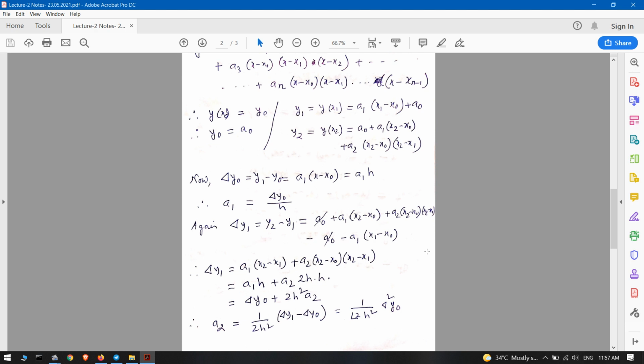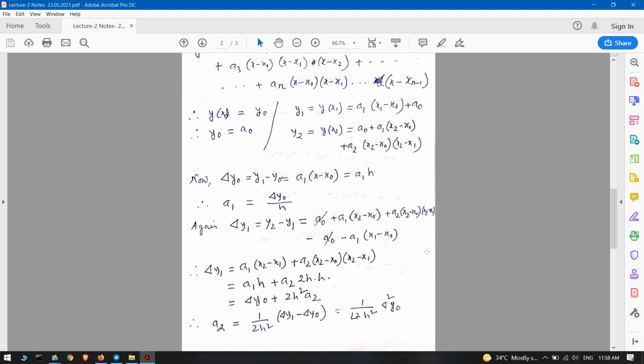So here, value of x is given for x0, x1 up to xn, and corresponding value of y is given. This is our first assumption. And you know that for the condition for the Newton's forward interpolation method, the value of x must be equispaced. Meaning that x1 minus x0 equal to x2 minus x1 equal to x3 minus x2, that must be satisfied.